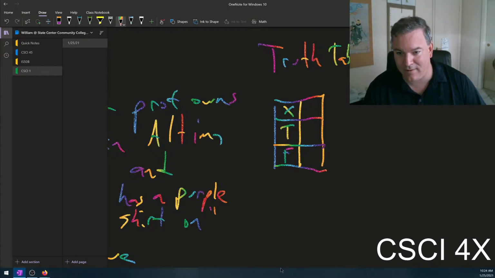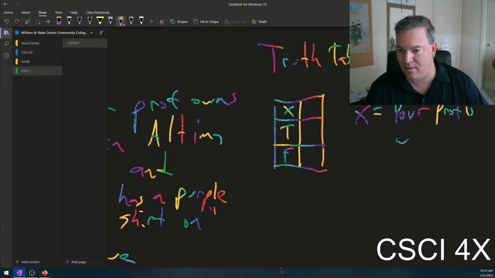So in logical notation, there's at least 3 different ways you can say not X. Let's say X is your professor is wearing purple.